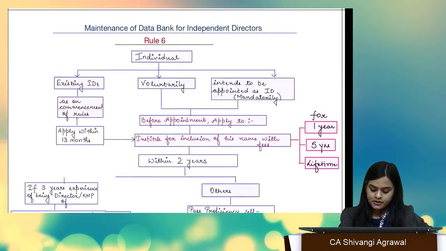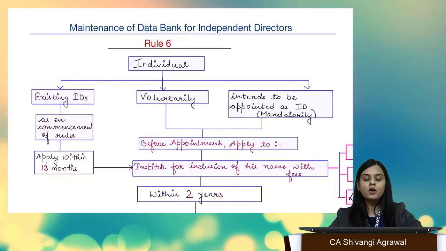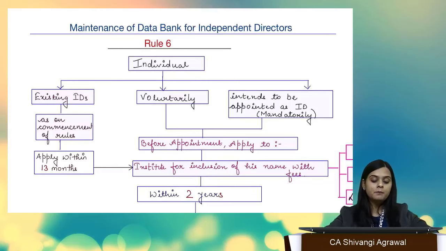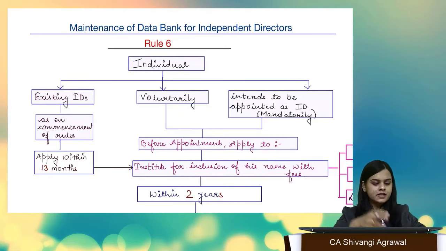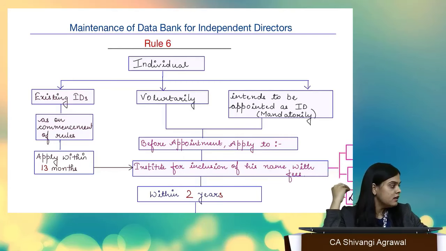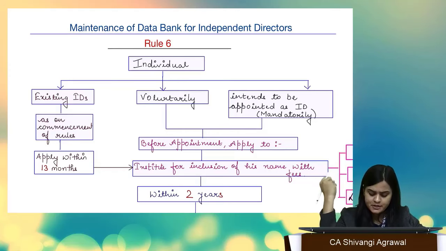Now, as I told you about data bank, what is data bank? Section 150 basically tells us about data bank that the central government has maintained. Every company, it is mandatory for listed companies and the companies which are meeting this criteria, it is mandatory for them to appoint independent directors. From where will they get these independent directors?